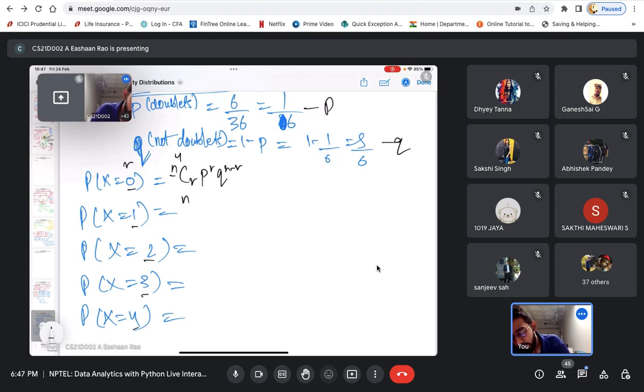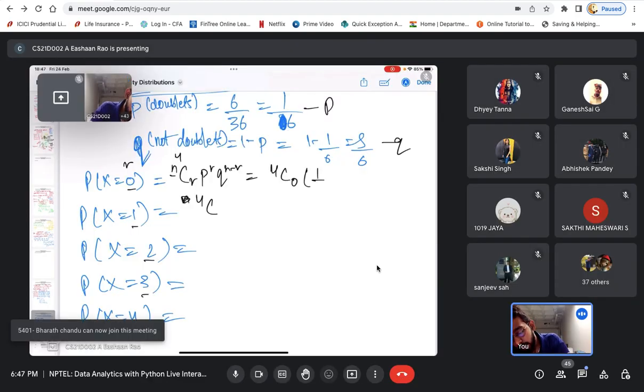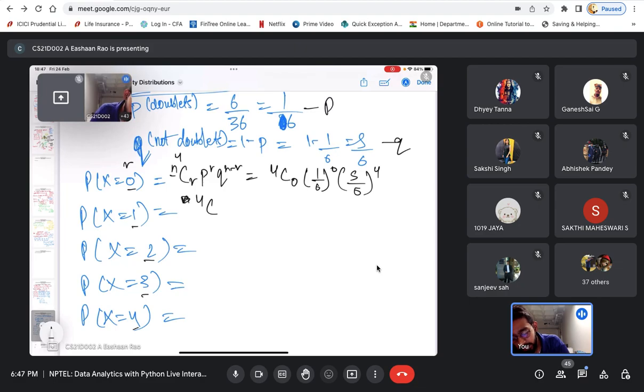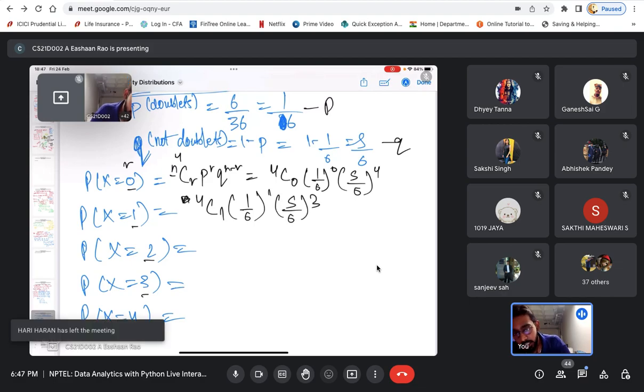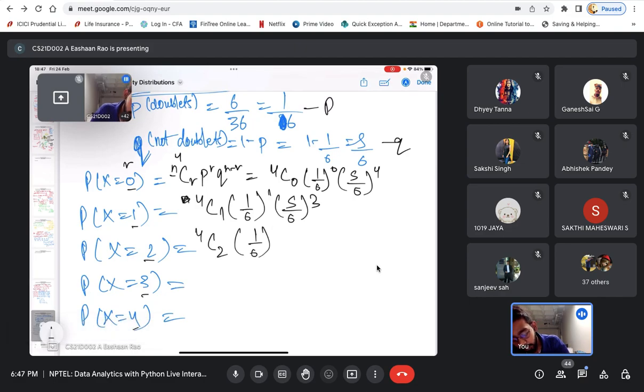So we just have to write 4C0 (1 by 6) raised to 0 and (5 by 6) raised to 4, and then calculate like that. Similarly 4C1 (1 by 6) raised to 1, (5 by 6) raised to 3. I'm doing this in a shortcut manner, so I hope you are able to catch up.